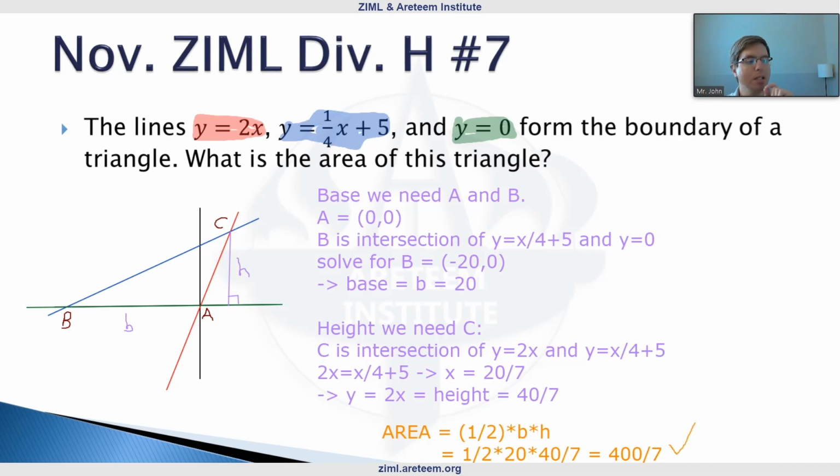Now, I want to use this opportunity to quickly say again, be sure you're reading a question carefully in terms of what you want the answer to be. If this was an actual ZIML Division H problem, we would maybe have you do a decimal approximation. So you'd want to be sure you know what we're asking for. Maybe we ask for the numerator plus the denominator in the simplified fraction.